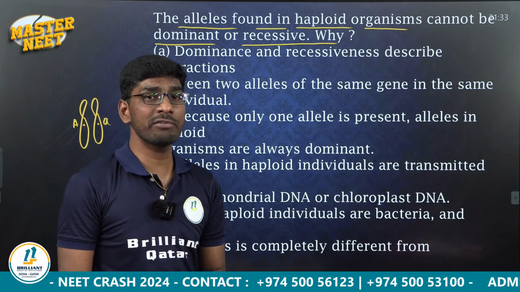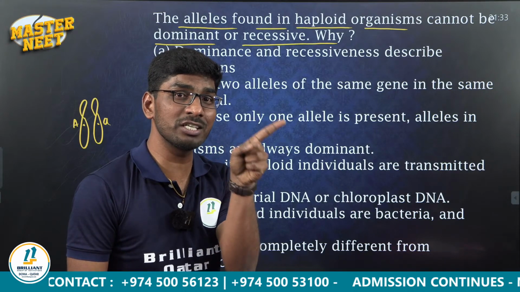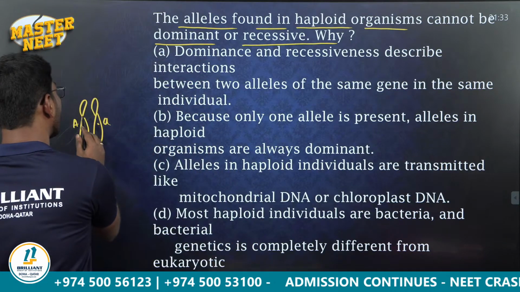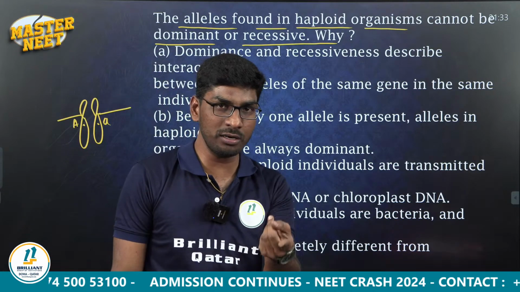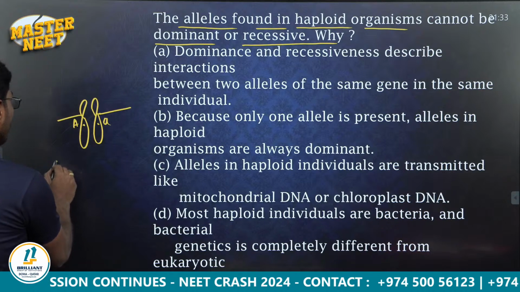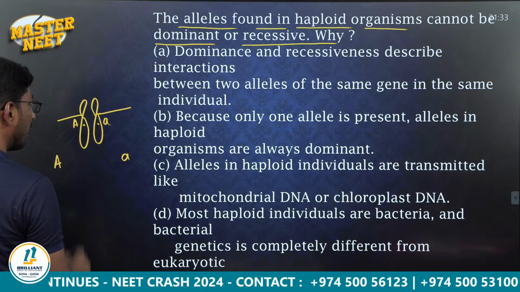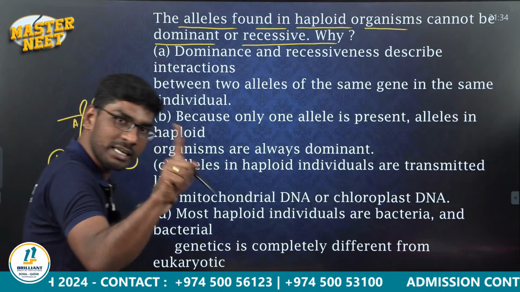Does anyone have an idea from 11th grade which stage of meiosis these two homologous chromosomes segregate? Meiosis 1, anaphase 1. In anaphase 1, capital A separates from small a. That means in a gamete, a single allele comes.